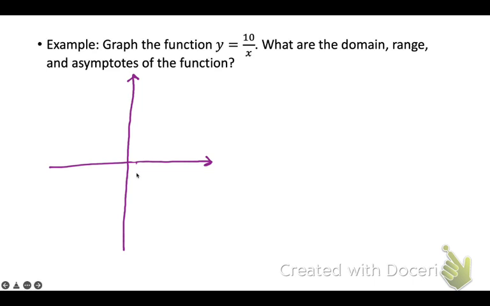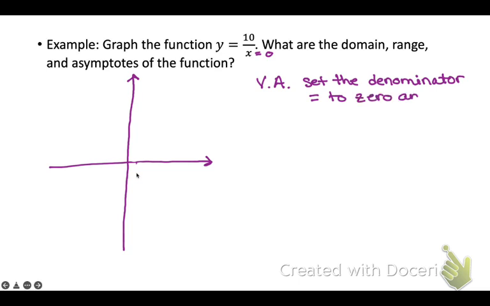Okay, so the only place it's going to be undefined is where the denominator is equal to 0, right? So you set the vertical asymptote, otherwise known from here on till the end of infinity as VA. VA stands for what? Okay, you set the denominator equal to 0 and solve.